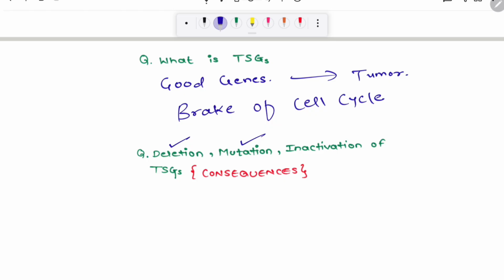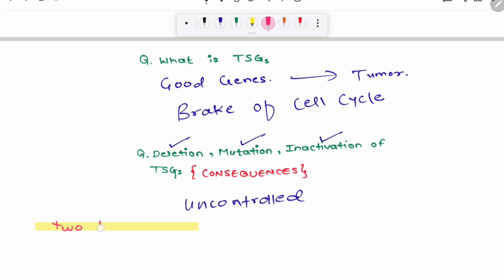But if these genes are inactivated, mutated, or deleted, it leads to an uncontrolled cell cycle, which causes rapid proliferation of the cell, ultimately causing tumor conditions.